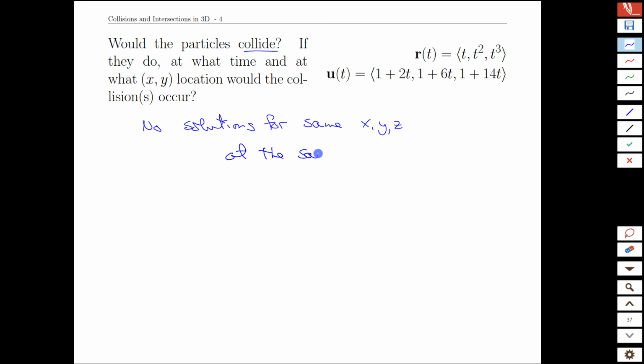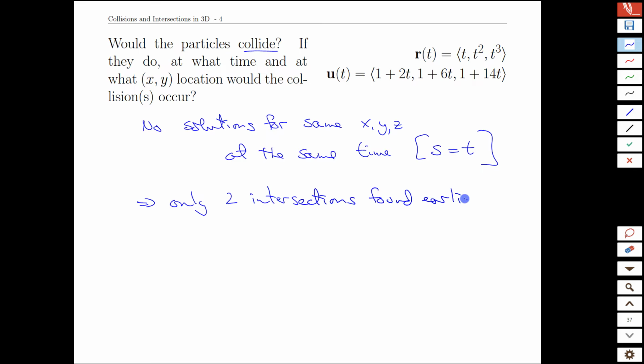We would have found them earlier with s equal to t as a condition. And that tells us right away that there's only the two intersections that we found earlier. And specifically answering this question, there are no collisions at all.